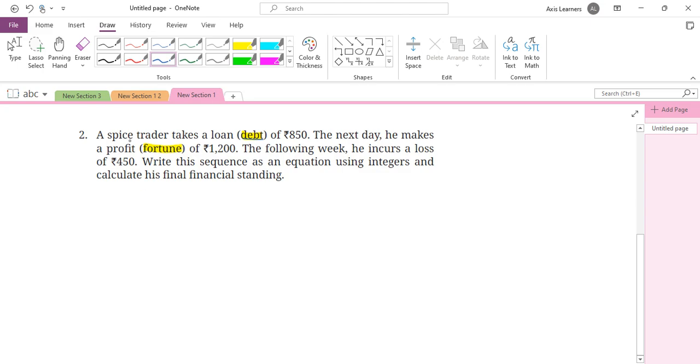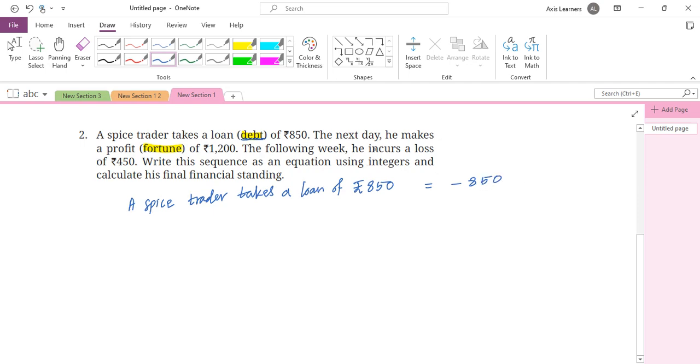First, the spice trader takes a loan. Loan means debt, so it will be a negative number. We can represent it with a negative symbol. A spice trader takes a loan of rupees 850. So it will be minus 850 because he is taking a loan. Debts are negative.